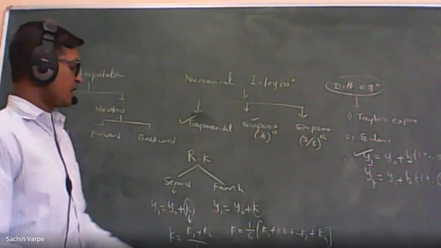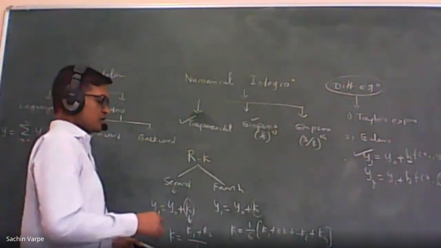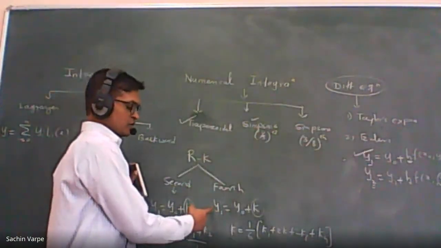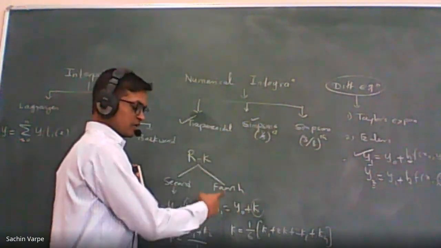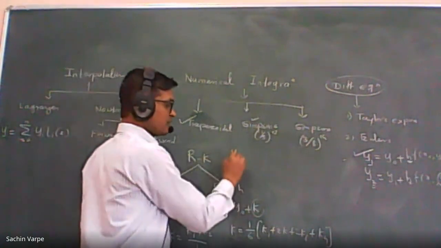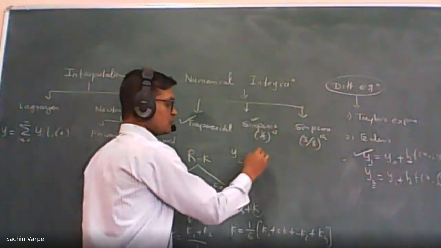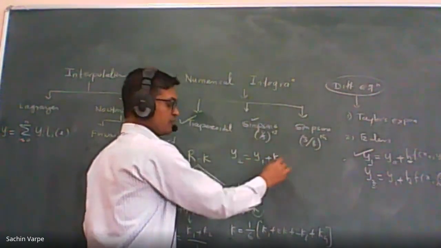Now, if we are asked to find the value of y at the second step, that is y2, then the first ordinate you have to get by the RK method, by finding all these k's, and then to get the value of y2 we'll write the formula y2 is equal to y1 plus k. And now this k will be different from the earlier one.